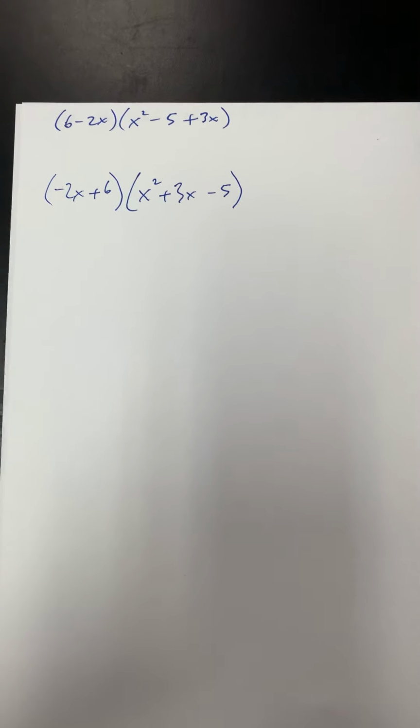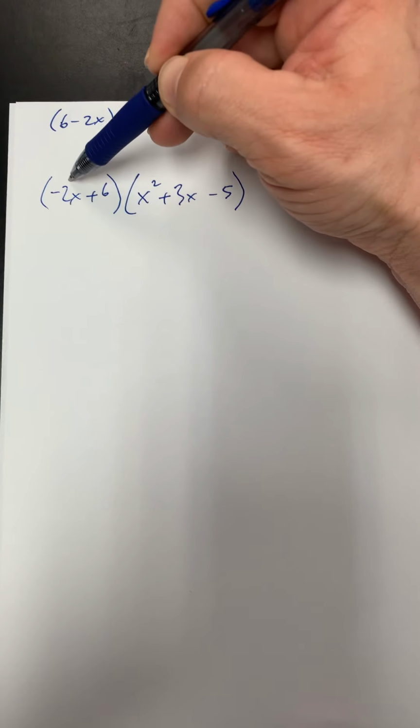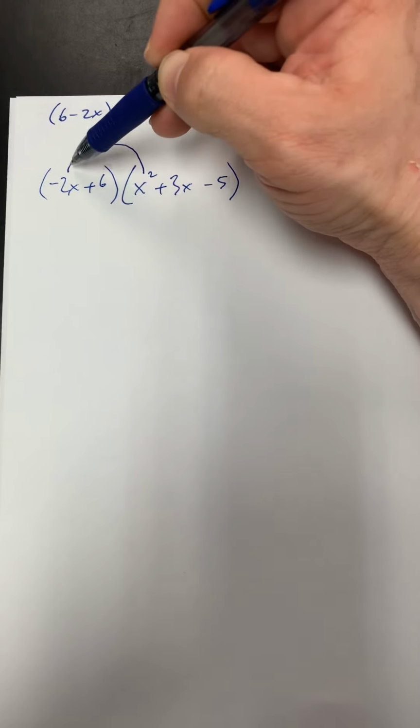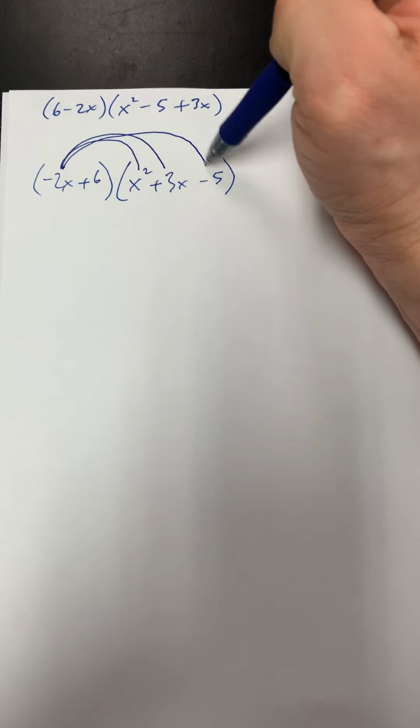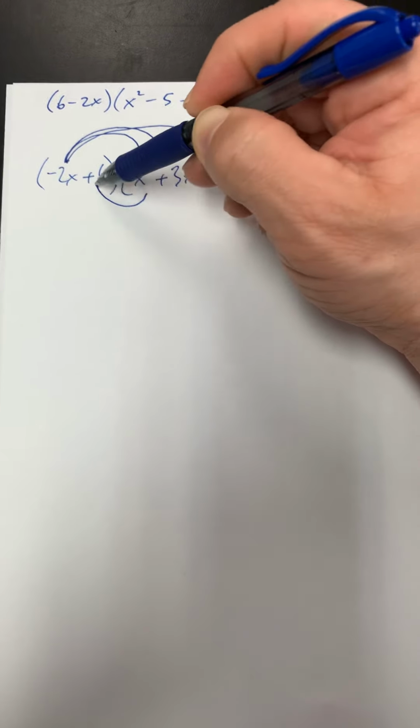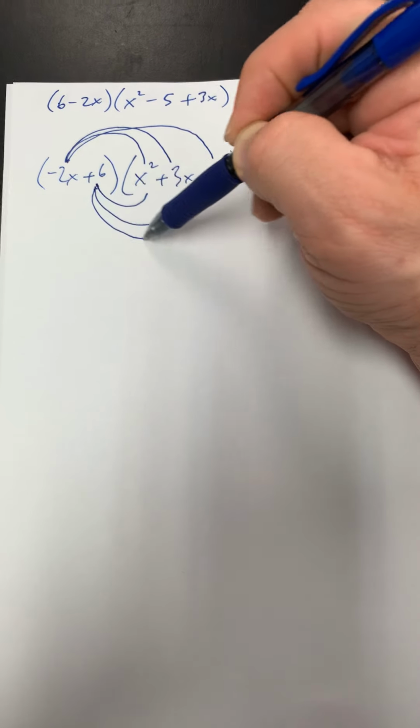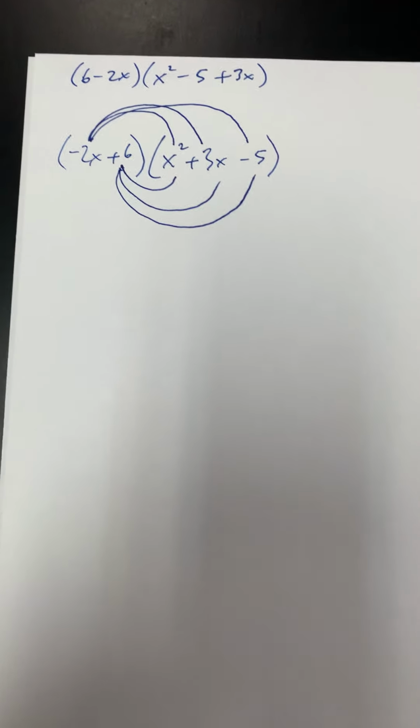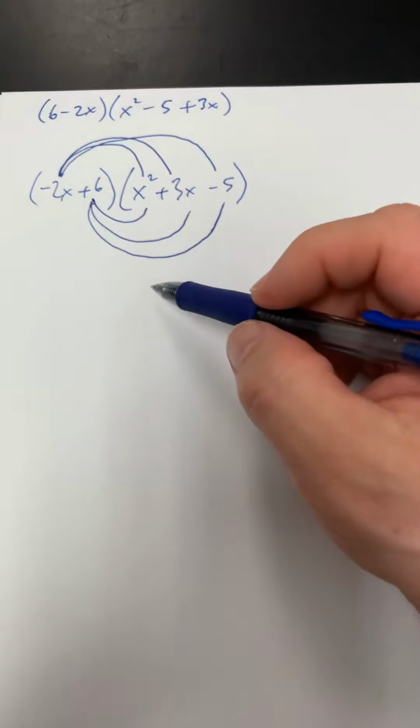Now I'm just going to repeat the same process that we did on the last problem. So it's going to be like this. All right, so let's give this one a shot.